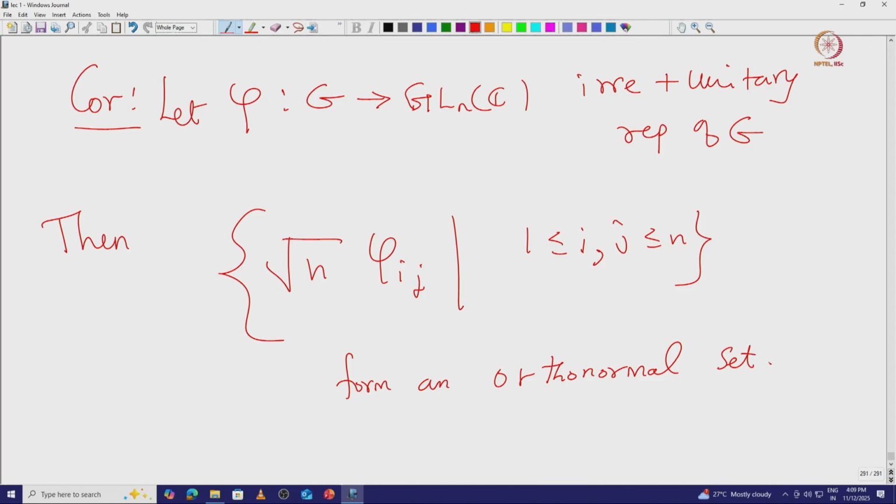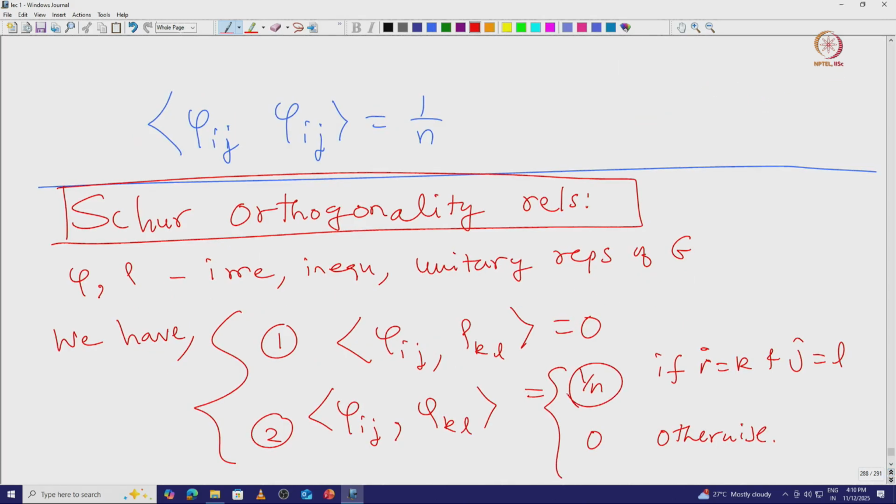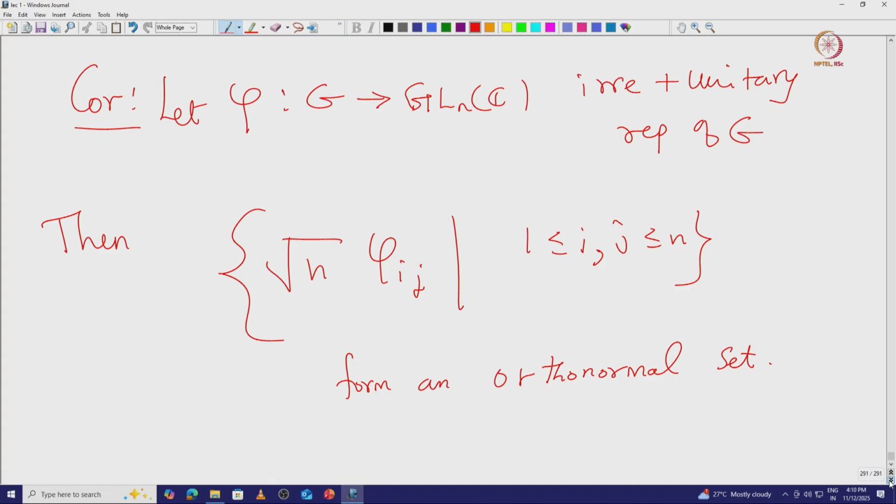This is immediate from the orthogonality relation, because the inner product of φ_ij with itself is going to be 1 by n, so we adjust the scalar so that we get 1. In particular, they form a linearly independent set inside the space of complex valued functions on G.